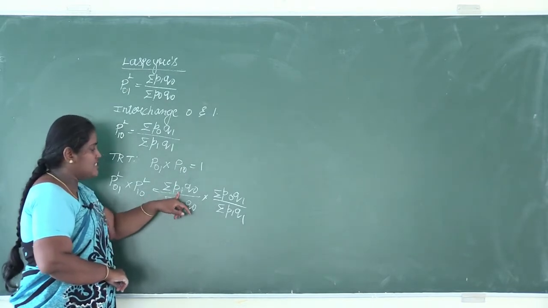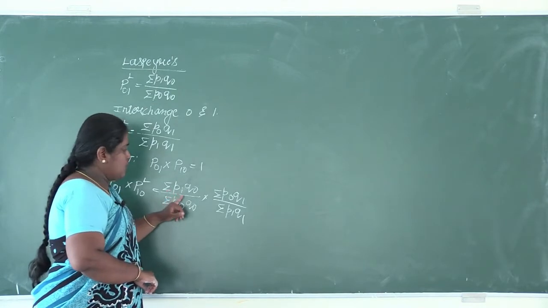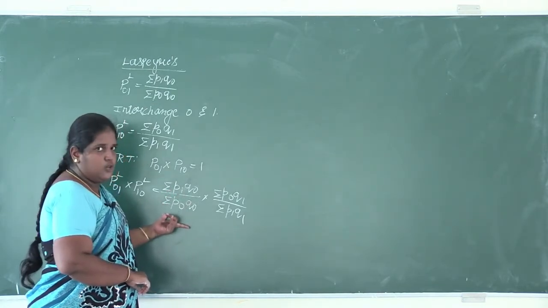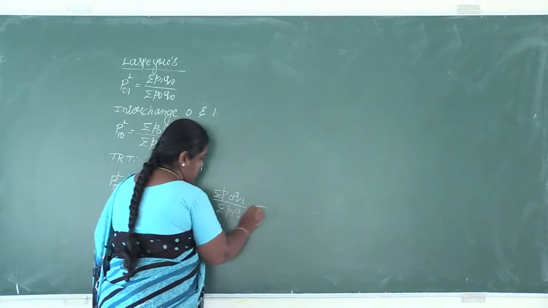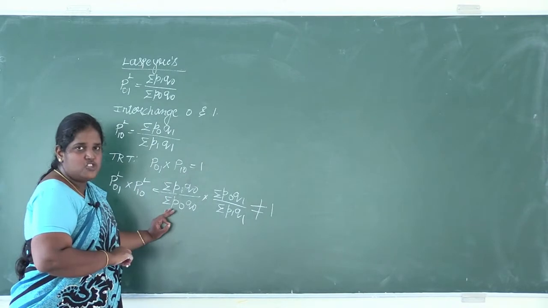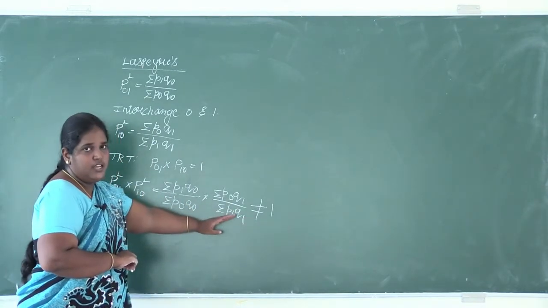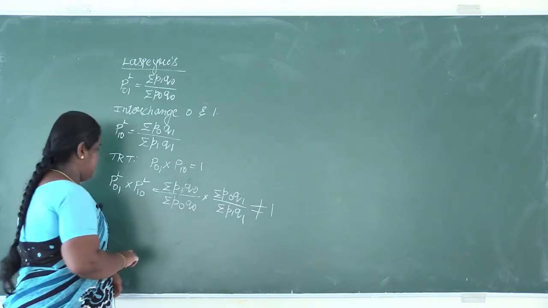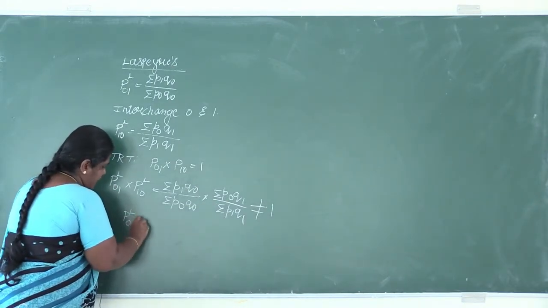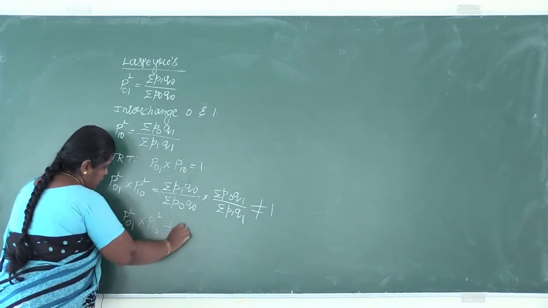We'll get equal to 1 whenever all the terms get cancelled. So here we have sigma P1 Q0 in the numerator. Check whether we have P1 Q0 in the denominator. We don't have P1 Q0, so directly you can write it is not equal to 1. Only one term, if you check and write it as not equal to 1, it is enough. You need not check for each and every term. So P01L into P10L is not equal to 1.